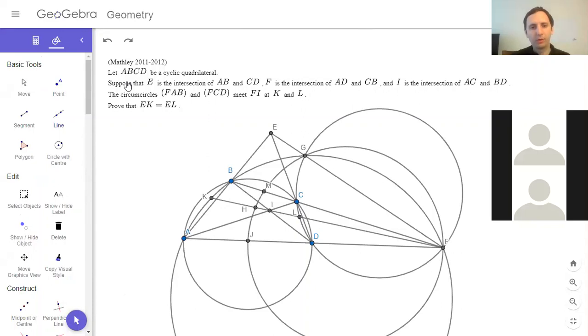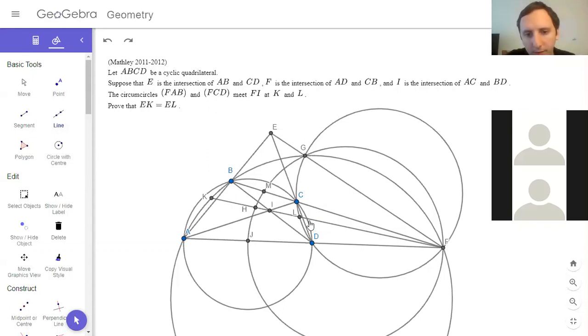So if we can show they're tangent, I don't even think we needed these midpoints right here. I think it's just true by Brocard's theorem, because I think we can show that FI is the polar of E. If FI is the polar of E, then it passes through the two points of tangency.